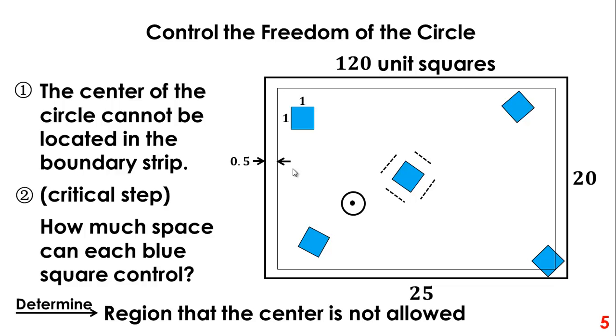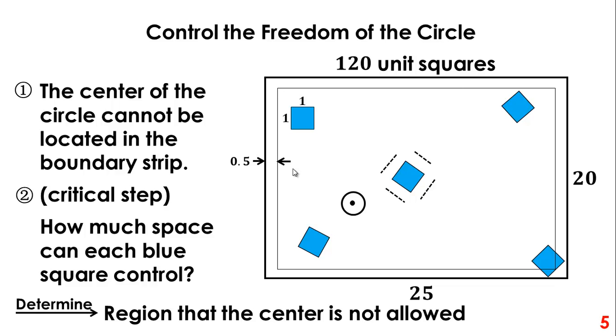So you cannot allow that. Here, the dotted line, we know the distance from the dotted line to one side of the blue square is 1/2 of the unit.